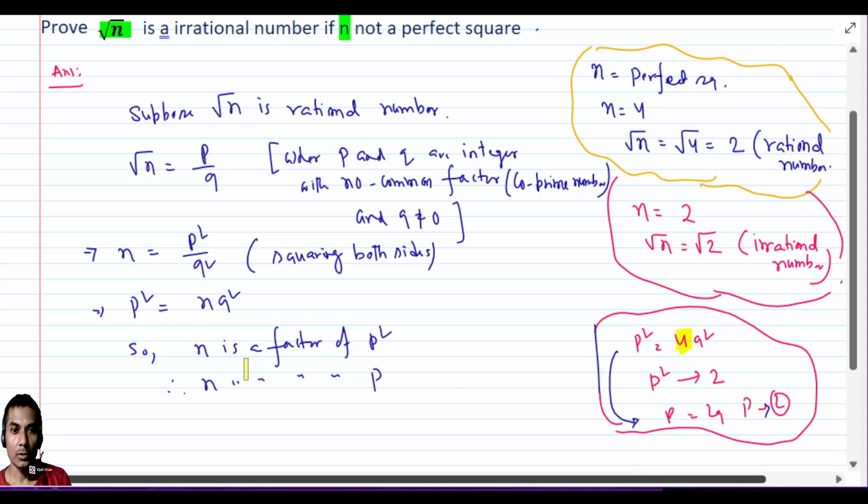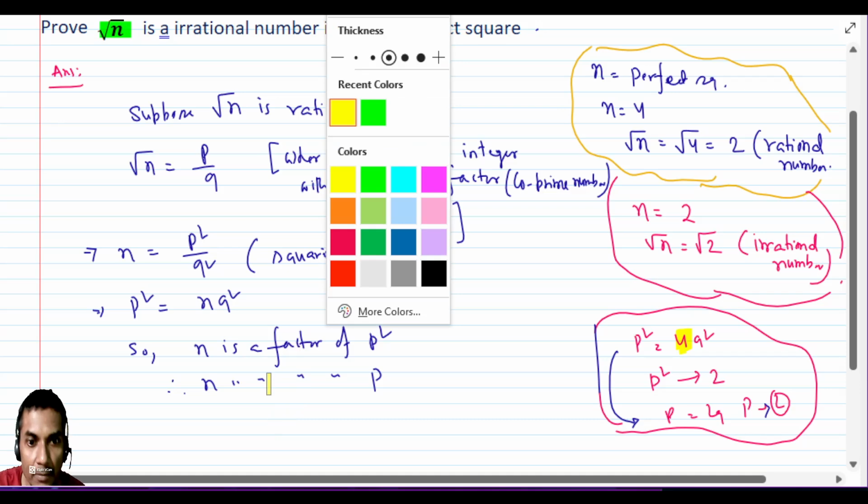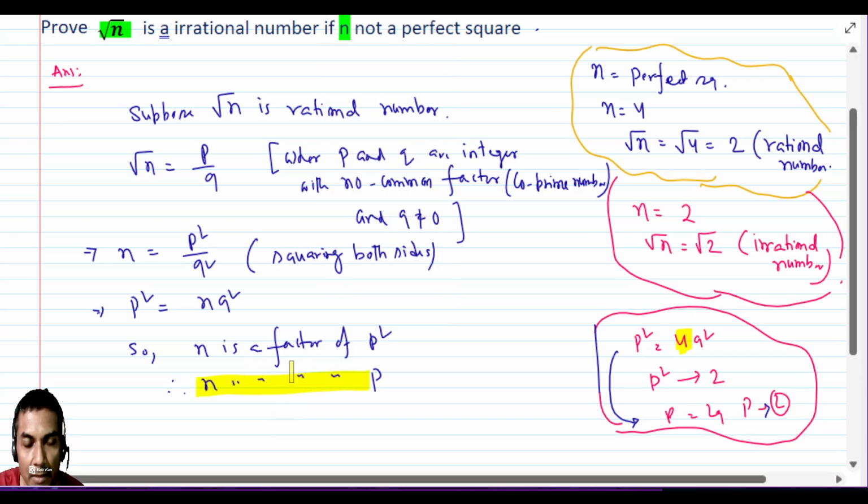So here we can say that n is a factor of p square, because p square is a multiple of n, so n is also a factor of p. If we take the square root, we get n there. So n is a factor of p. This is a very, very important statement. Clear?